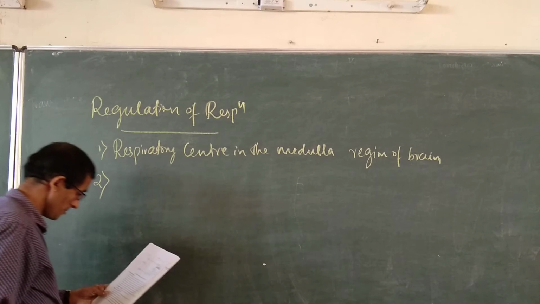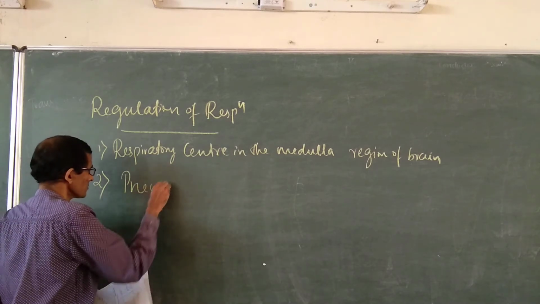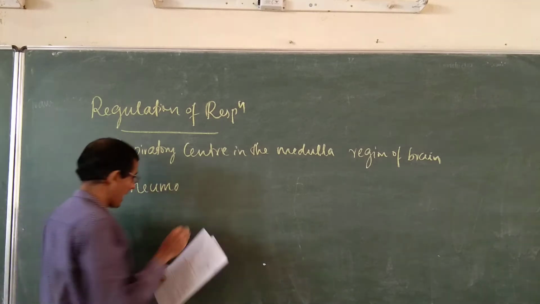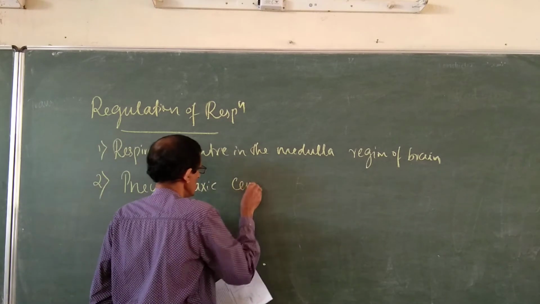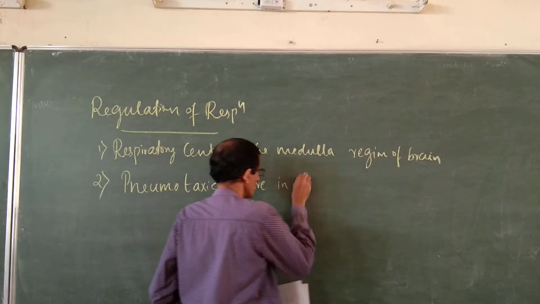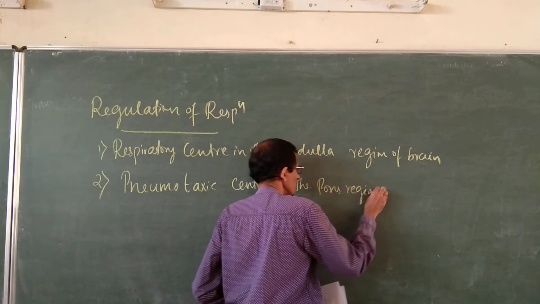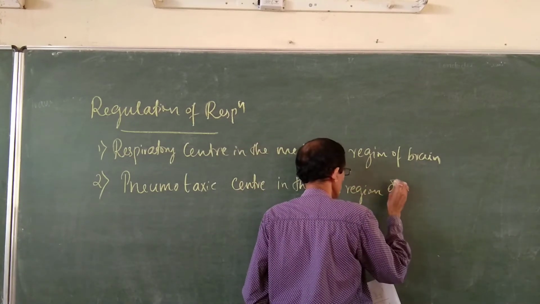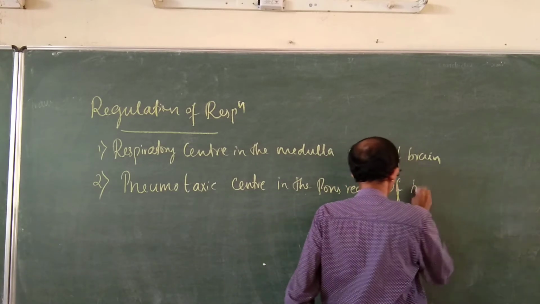And second one, pneumotaxic center in the pons region of the brain.